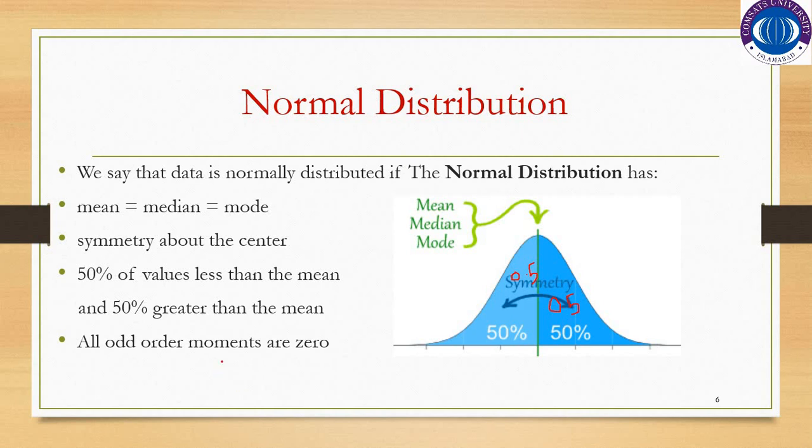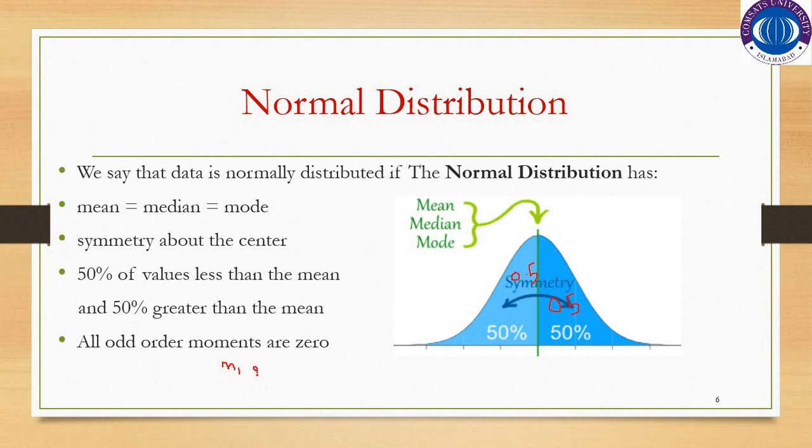As you know, moments are the sum of the deviations for which we take a power and we take their average. We have discussed this in the previous classes. They are usually denoted by M1, M2, M3 and M4.